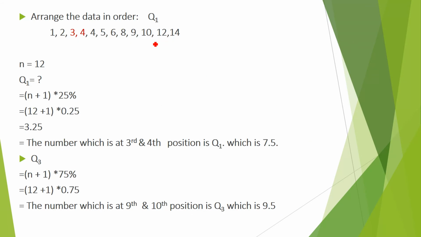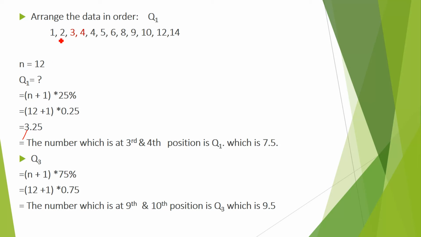Q1, how will you calculate Q1? Suppose we do not want to find the median from the data, just use the formula. N plus 1, we are calculating Q1, so you write 25%. And then it is 3.25. 3.25 does not mean that it is quartile 1. It means the third position and fourth position.